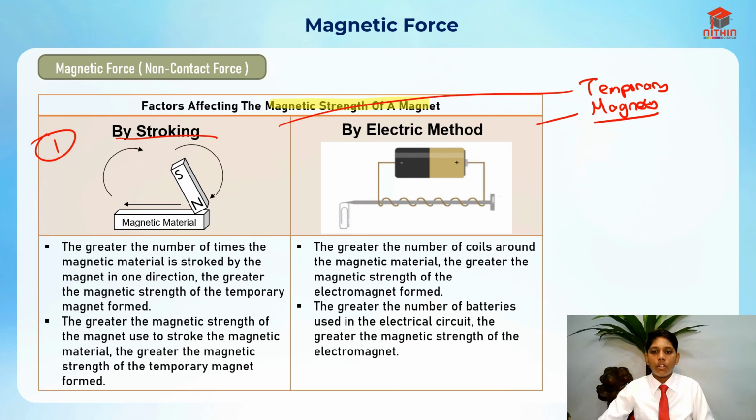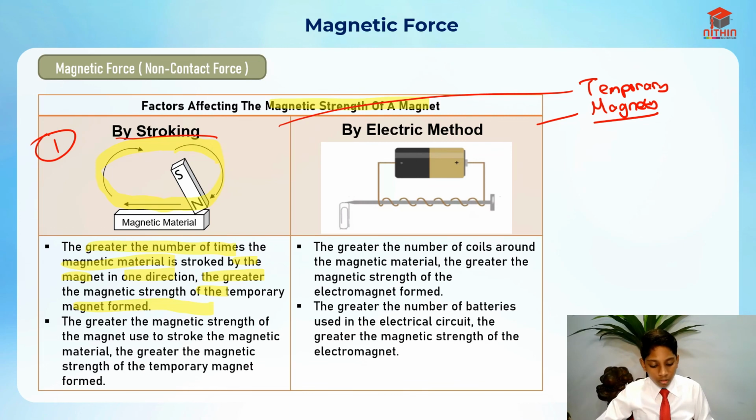In order to increase the magnetic strength of a magnet, we need to stroke the magnet. So how do we actually do that? Let me show you. The greater the number of times the magnetic material is stroked by the magnet in one direction, so basically this direction over here, and this must be repeated, the greater the magnetic strength of the temporary magnet formed.